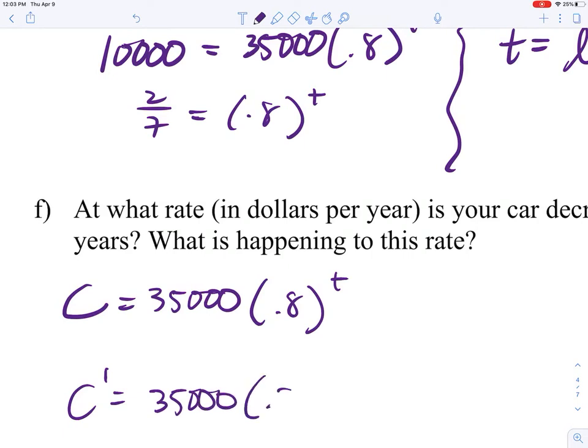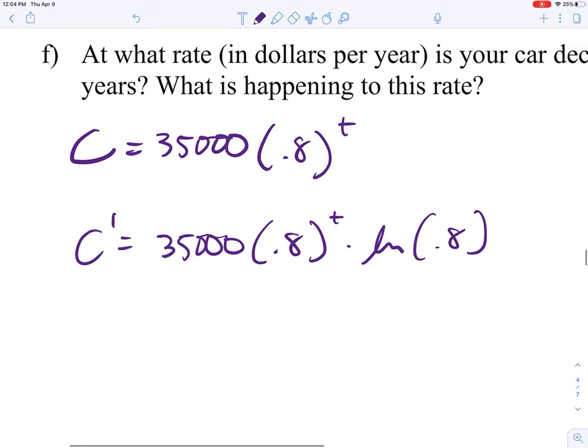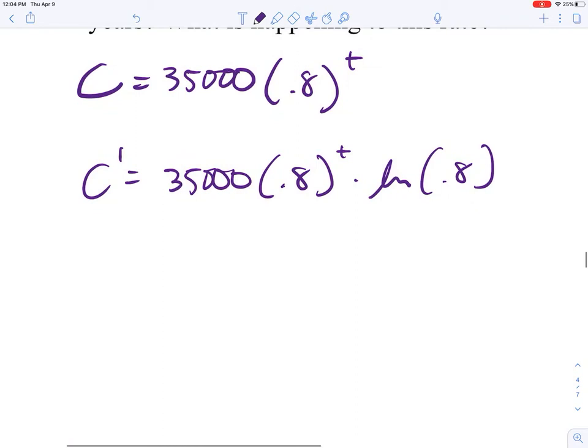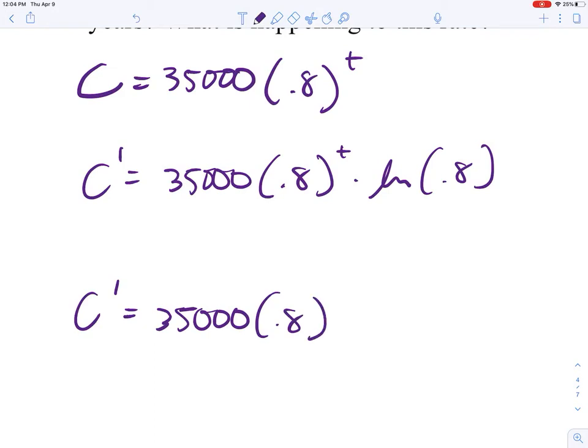So C prime would be 35,000 times 0.8 to the t power times natural log of 0.8. And to find what the rate of change would be after 2 years, we'll plug 2 in.